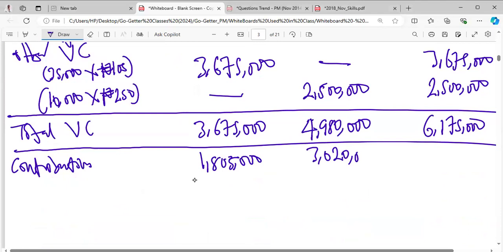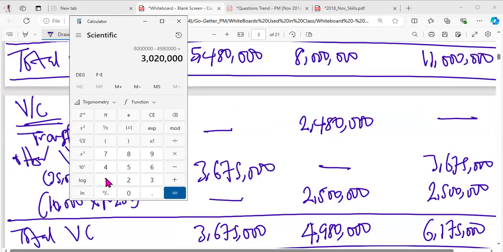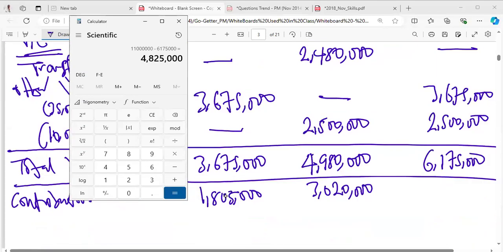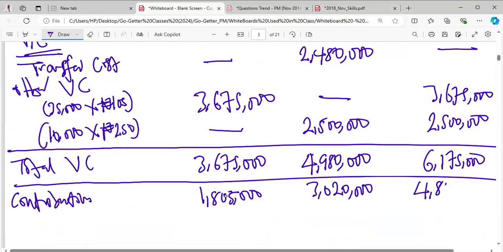Then let's see that of the company, 11 million minus 6,175,000. That gives us 4,825,000. So that's your contribution.